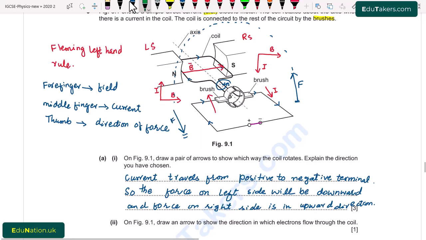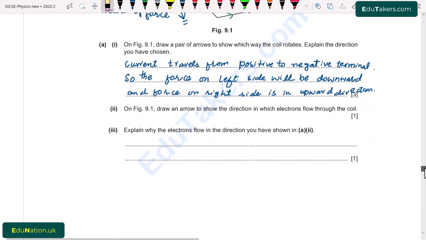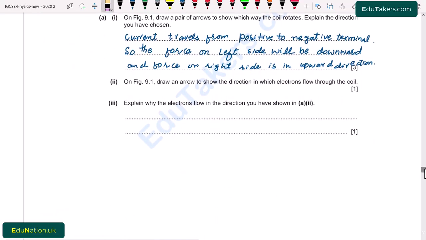It's the direction for flow of electrons. They move in the opposite direction of the current because they are negatively charged and they must repel from the negative terminal of the supply. So we have mentioned the direction.